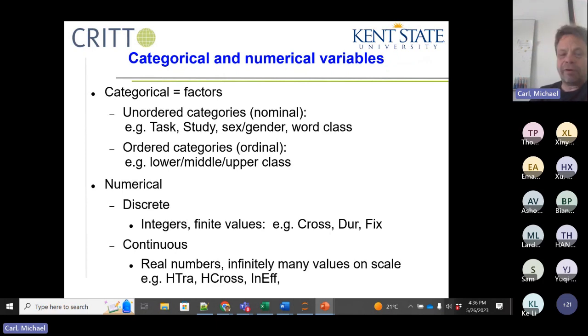And for that matter, all the variables are discrete because we have a finite number of representations with 32 bits or something. But in theory, we could say there are discrete numbers and continuous numbers, which would be real numbers, where we have infinitely many values, at least theoretically possible. Well, we have all these different kinds of variables in these tables from the TPRDB.